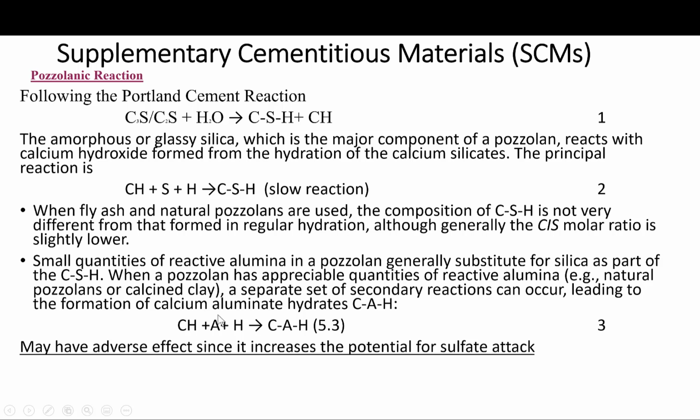Calcium hydroxide reacts with the alumina present in some of these pozzolans, plus water, and we get the calcium aluminate hydrate. We have to be very careful though, because this reaction may have adverse effects since it increases the potential for sulfate attack. Be very careful when certain materials high in alumina are used.